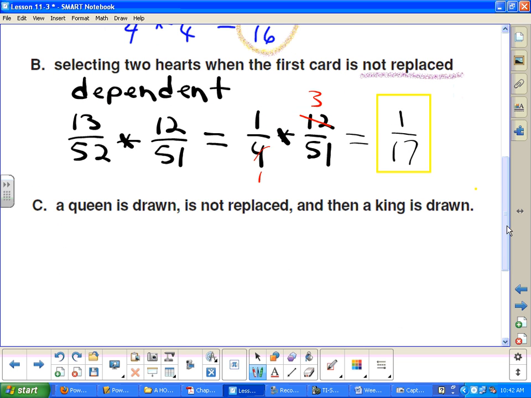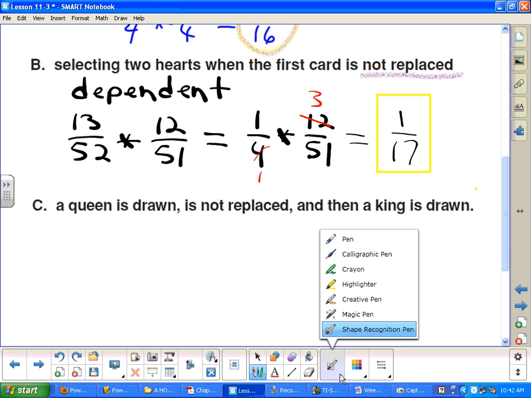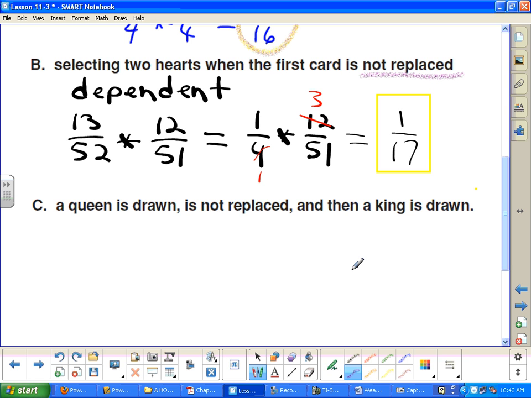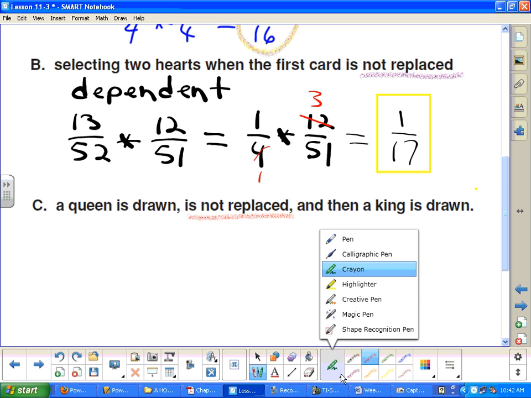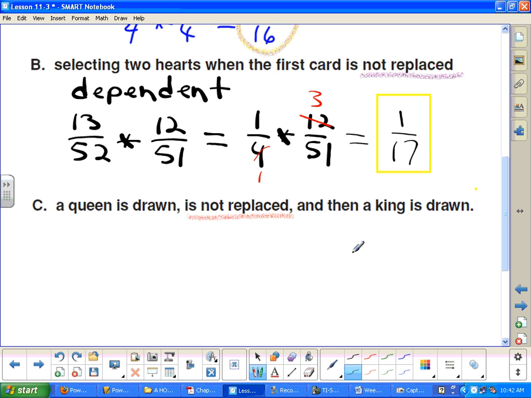Let's see. A queen is drawn. It's not replaced, which means it's going to be dependent. So now, what's the probability I get a queen? 4 out of 52.